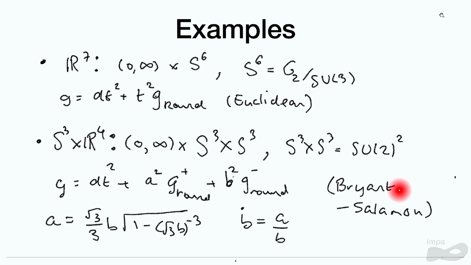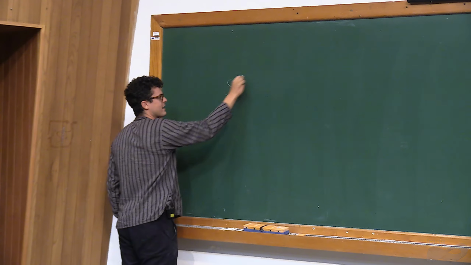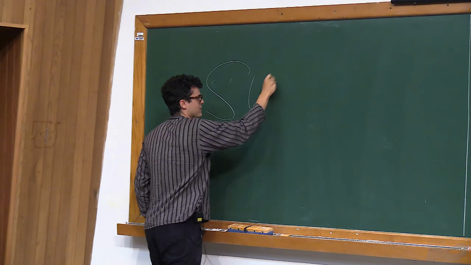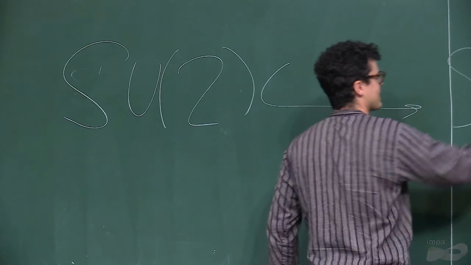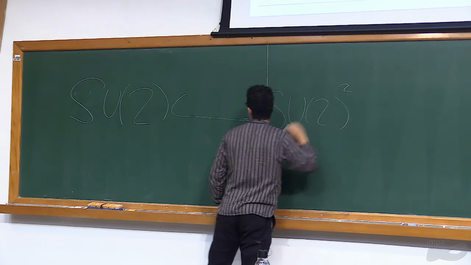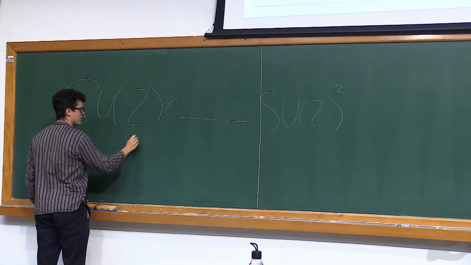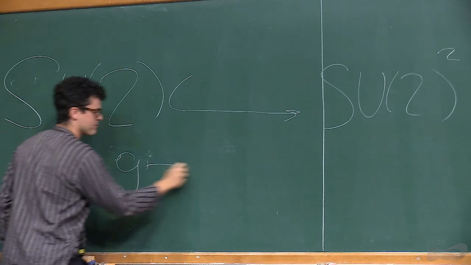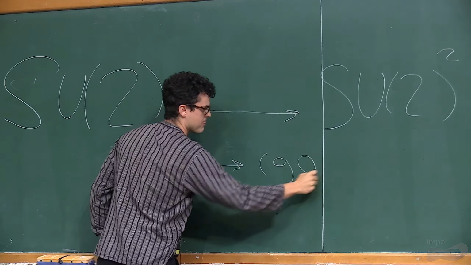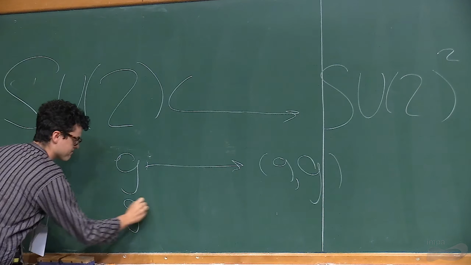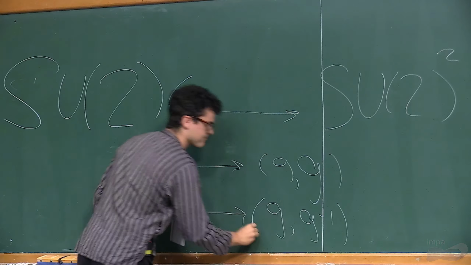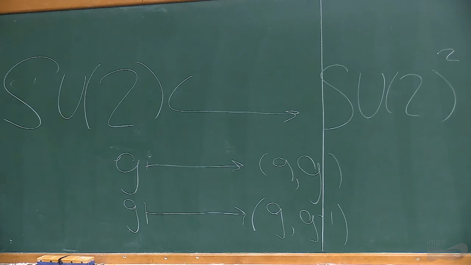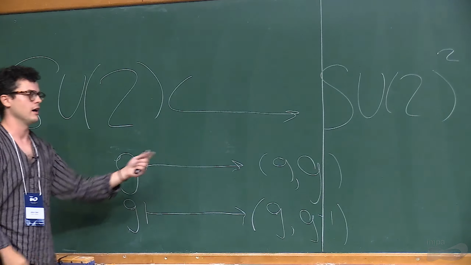When I write g plus, what I mean is I take the embedding of SU2 into SU2 squared, either by the diagonal map or the anti-diagonal map, and I take the push forward of the round metric on SU2 via these two maps.